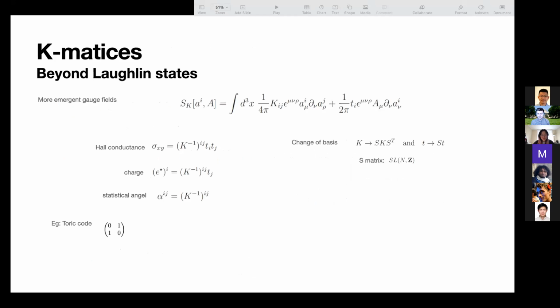Okay, so I told you that this effective action can describe quantum Hall states, but we can also put the matter field back.